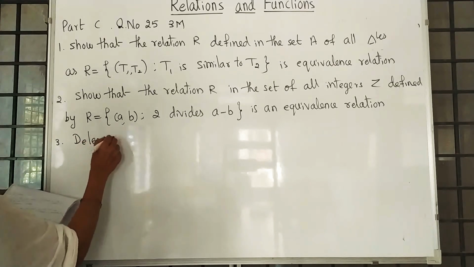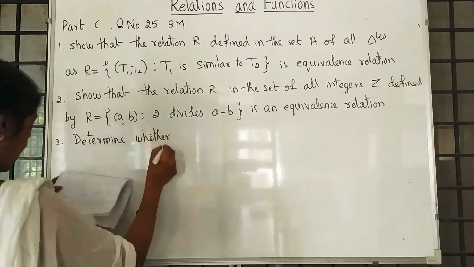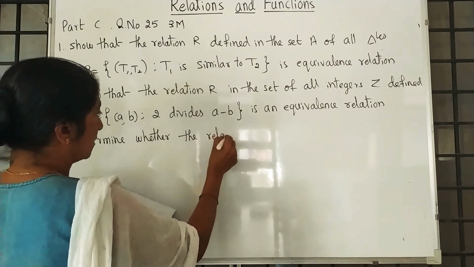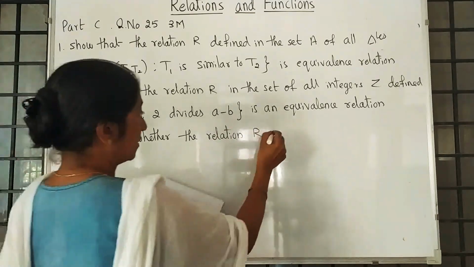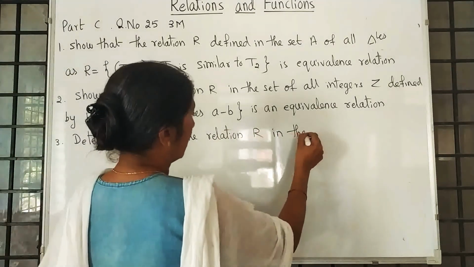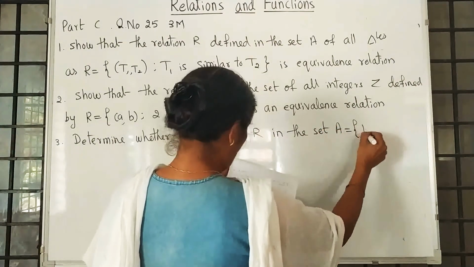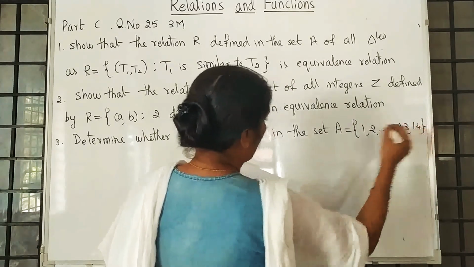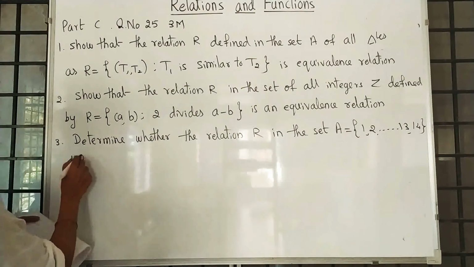Determine whether the relation R in the set A is equal to 1, 2, 3 up to 14. All numbers are there from 1 to 14.